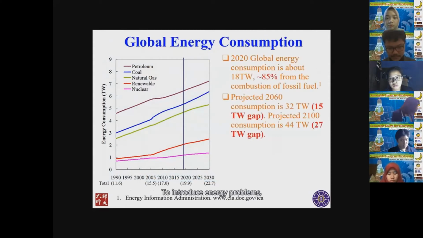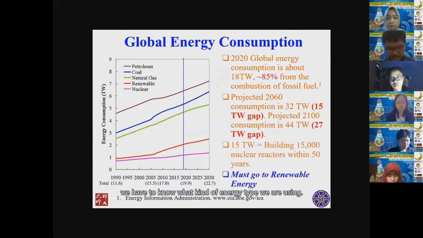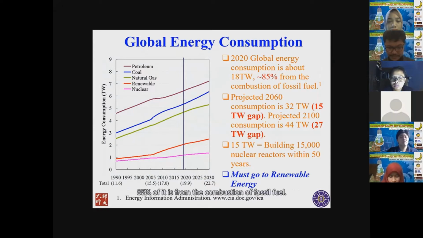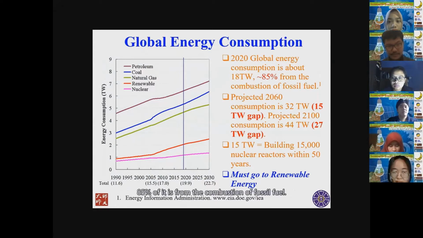To introduce energy problems, we have to know what kind of energy type we are using. From the chart, we can know humans' needs are increasing at a fast rate. According to the statistics, people used 18 terawatts of energy in 2020, 85% of it from the combustion of fossil fuel.